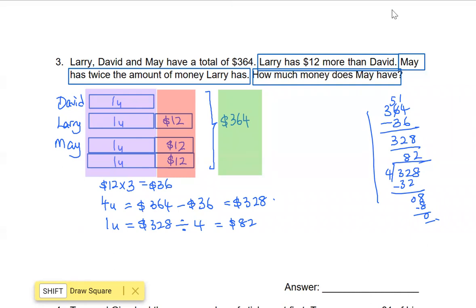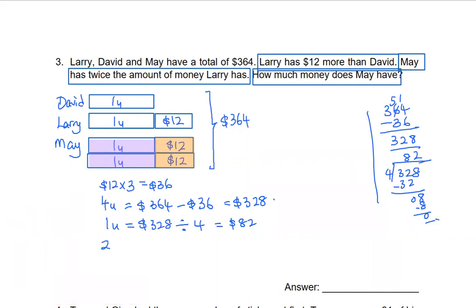Let me clear this screen. May has 2 units and another $12 plus $12. So let's look for 2 units. If 1 unit is $82, May has 2 units, which is $82 times 2.